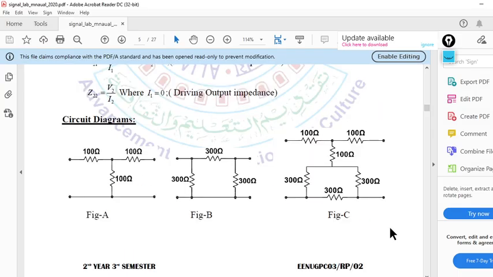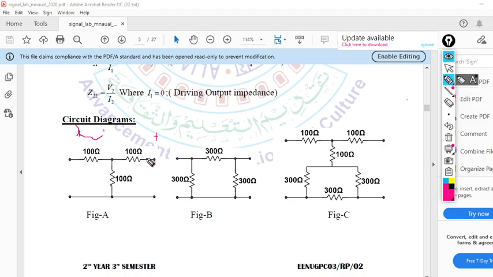Now what is I2? I2 is this one. You will see in the two-port network that I2 is going this way, because the supply is here, so current is flowing from this side to this side. So I2 is this one, and we'll measure V1, because now the supply is V2.